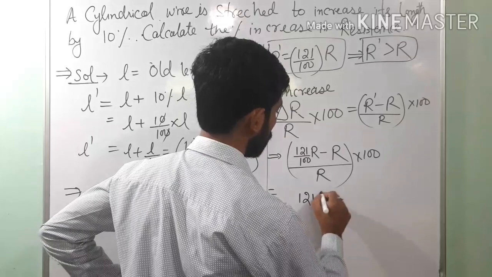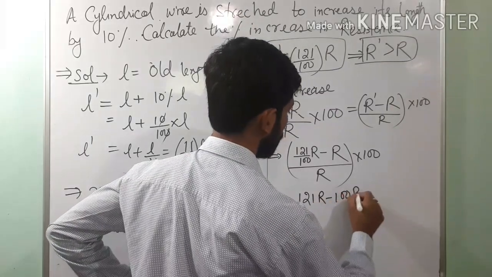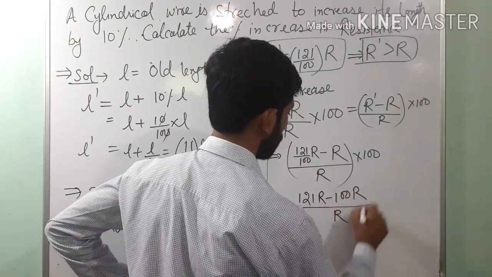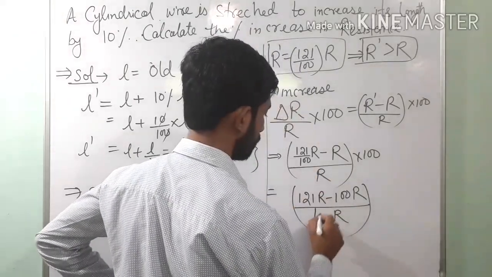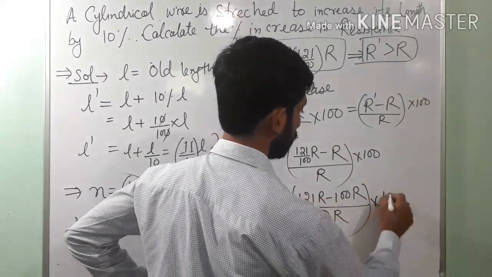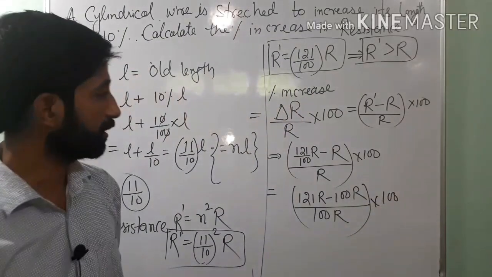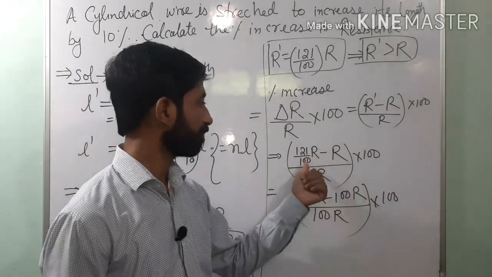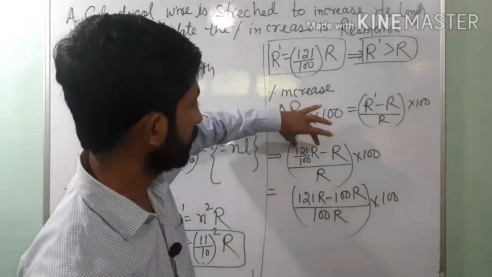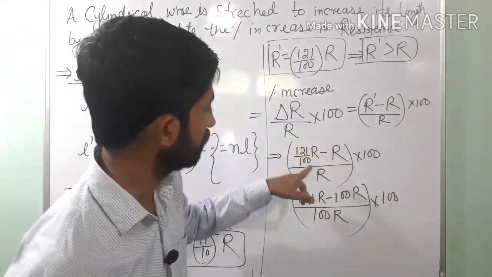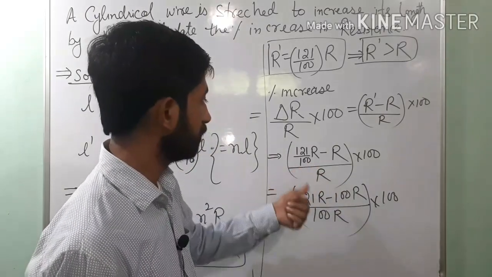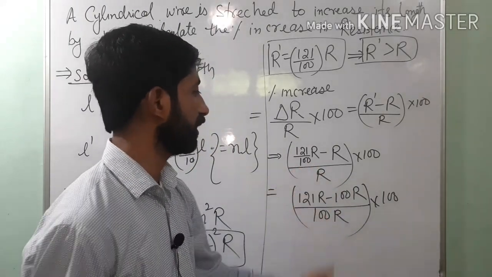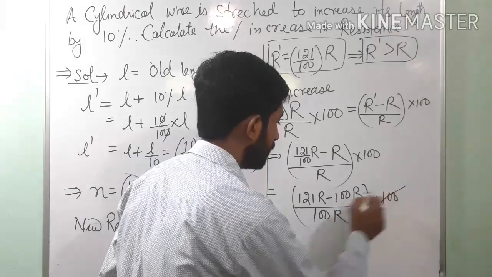So this is giving you 121 R minus 100 R over 100 R into R. Taking the LCM, we get this minus this. This 100 is being multiplied with R, so this becomes 100 R, and this 100 is cancelled.